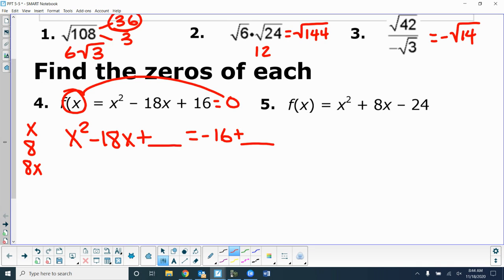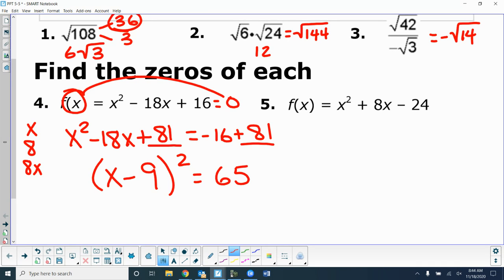81, very good. Half of 18 is 9. 9 times 9 is 81. So this is x minus 9 squared, that's because the square root of 81 is 9. And what's 81 minus 16? 65. All right, and then I do what to both sides?